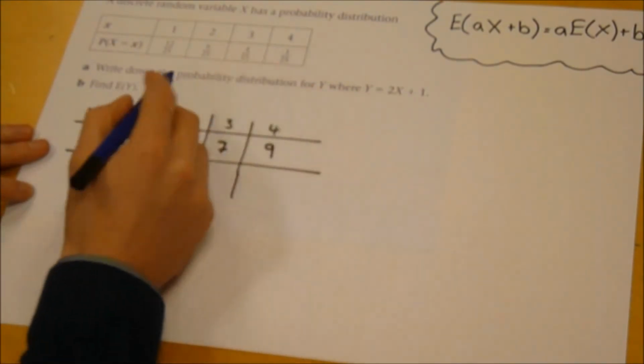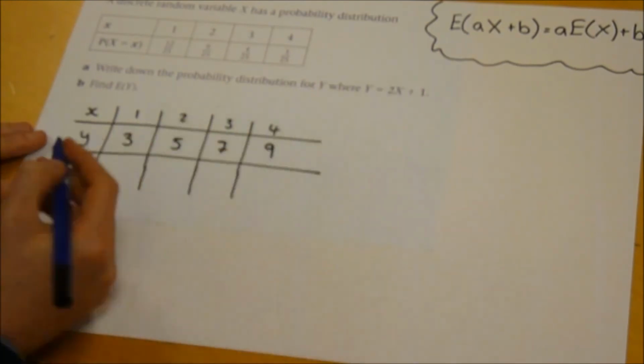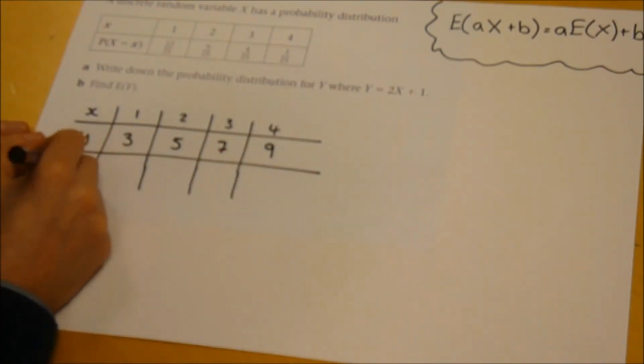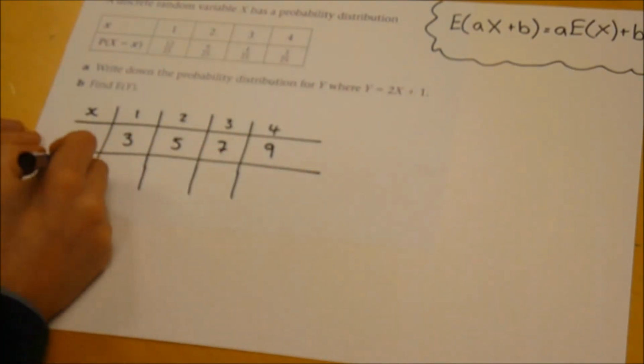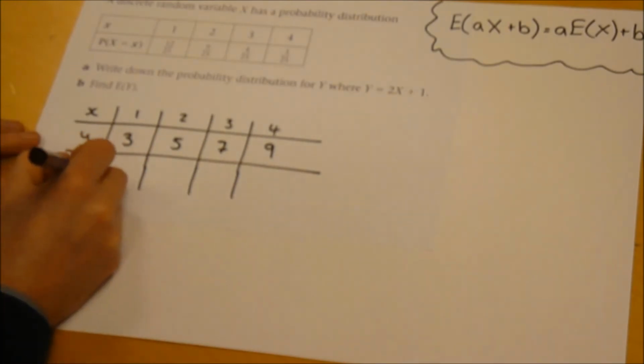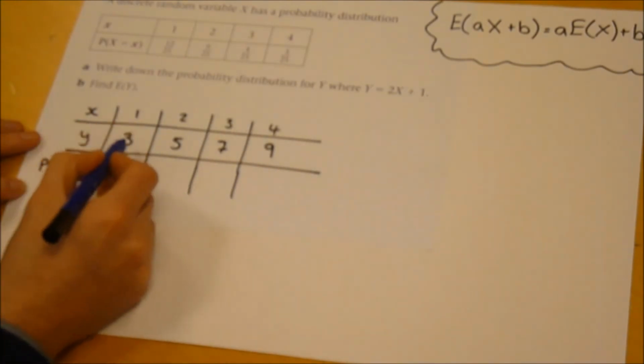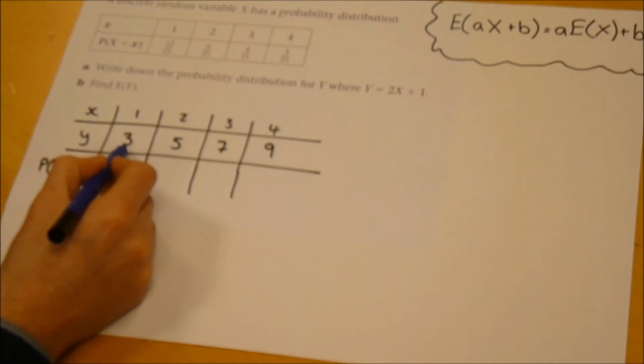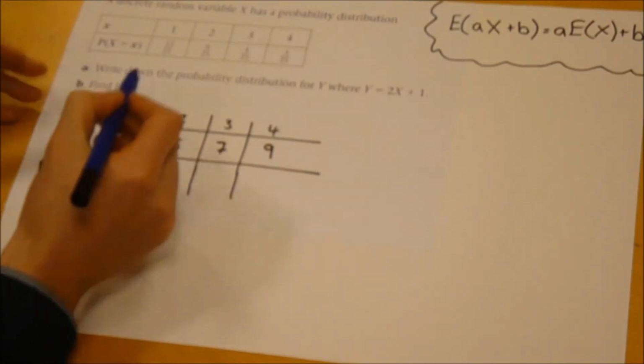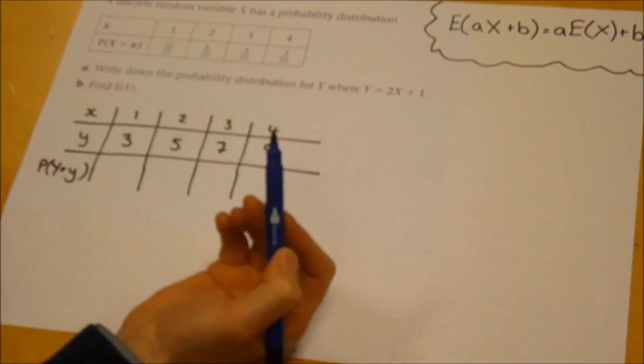Now, we want to work out the probability distribution for y. So in the last row, we want to fill in the probability that our discrete random variable equals y. Well, it equals 3 whenever x is 1. Well, that happens 12/25 of the time.